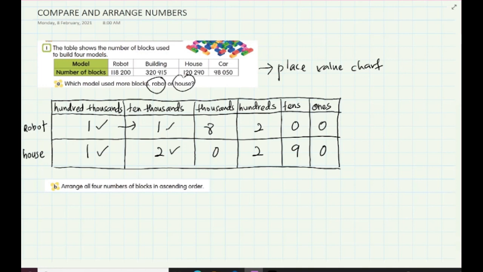Yeah, the house are using more blocks compared to robot. So we just write down the answer. The answer is the house model use more blocks.